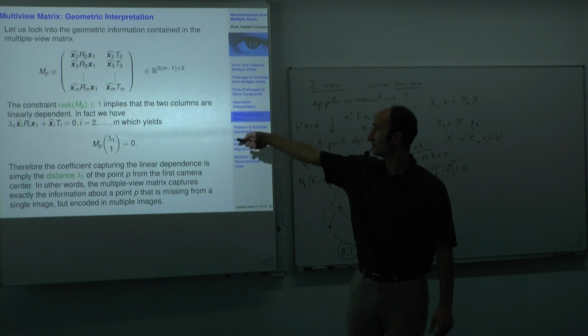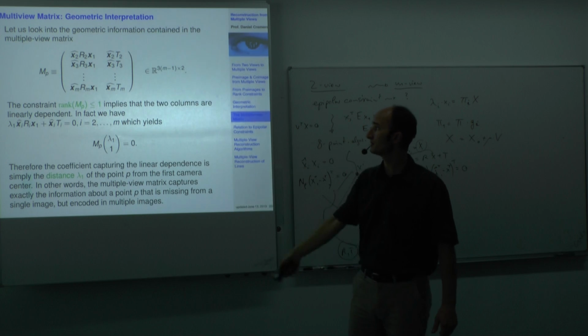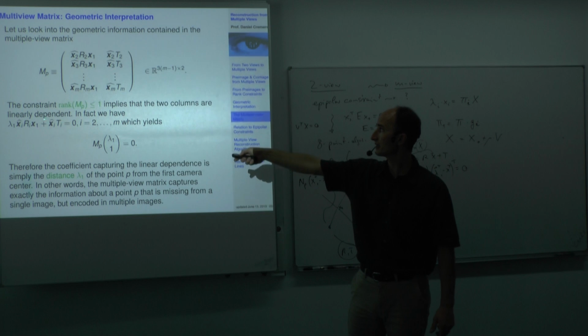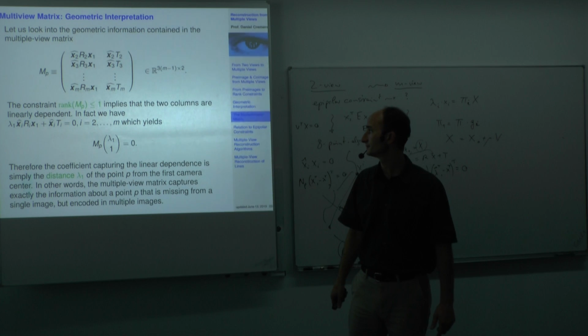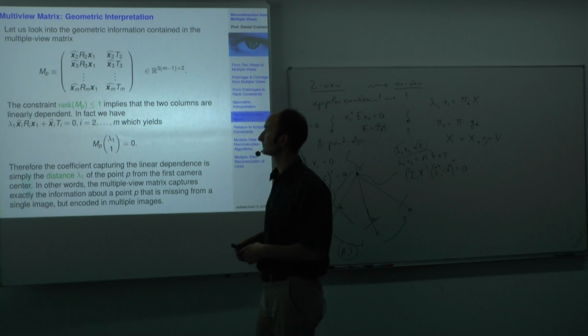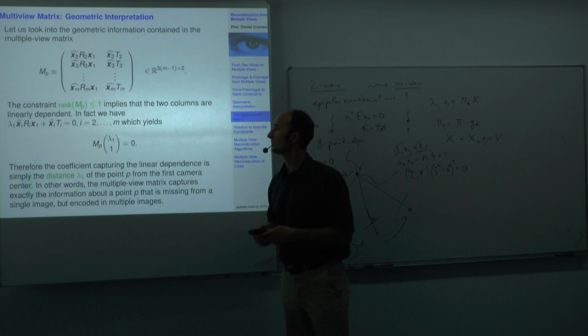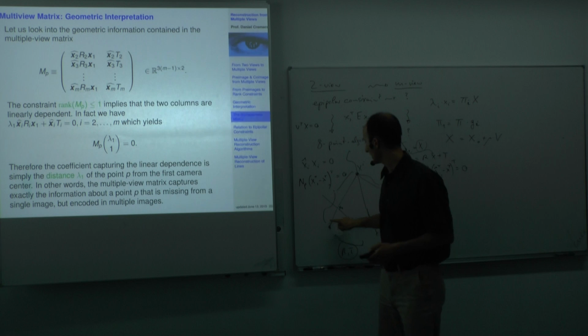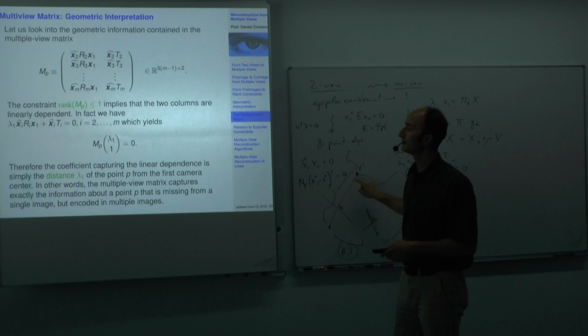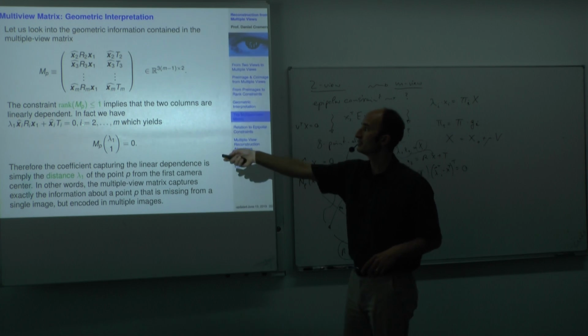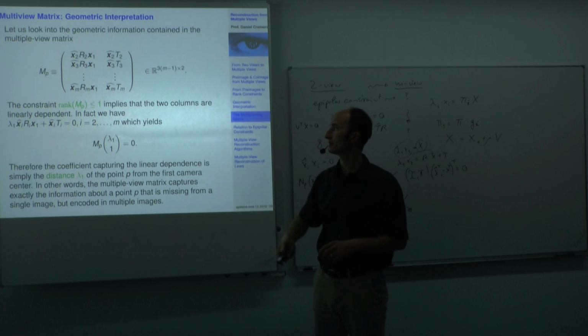You can check that if you insert lambda and 1 here and multiply with the matrix, what you get is these constraints. And what this constraint reads, it just says there must be a consistent depth value, lambda 1, of this point such that all these equations are fulfilled for the other images.